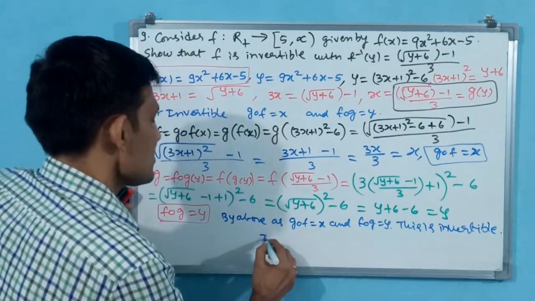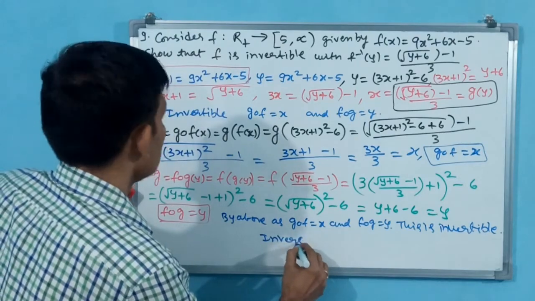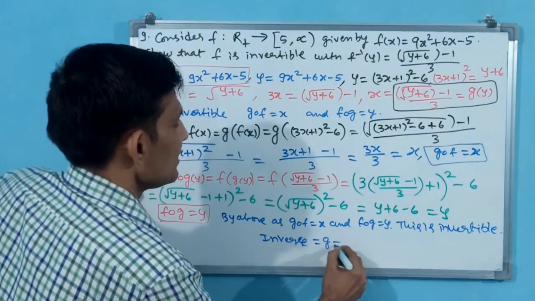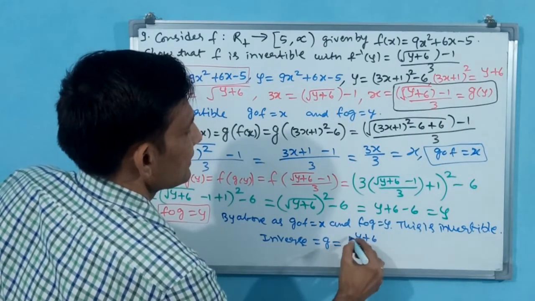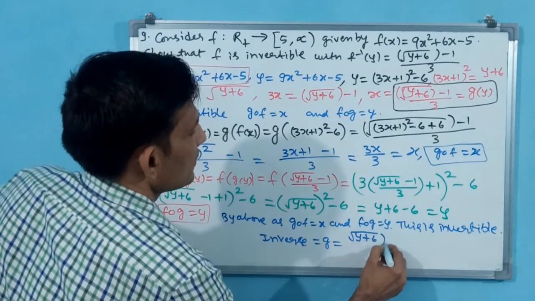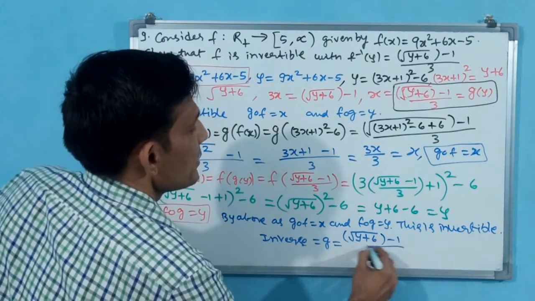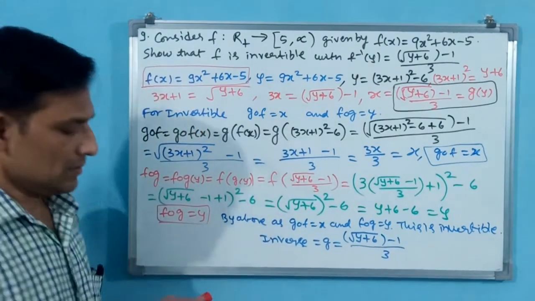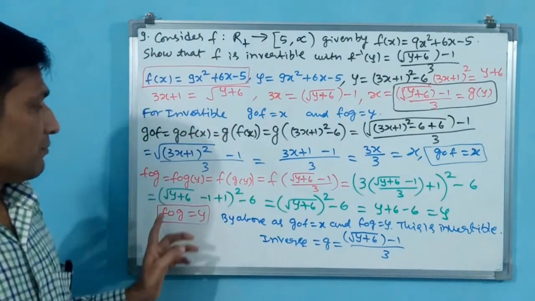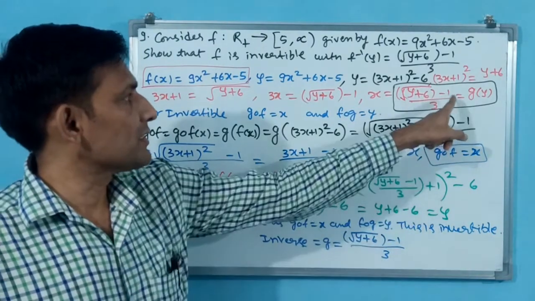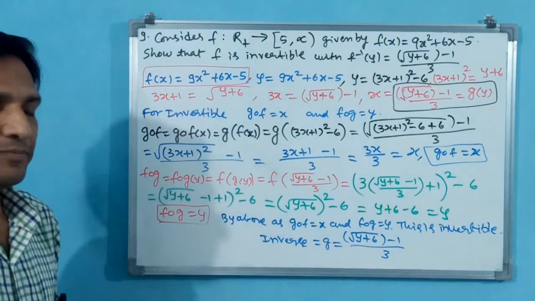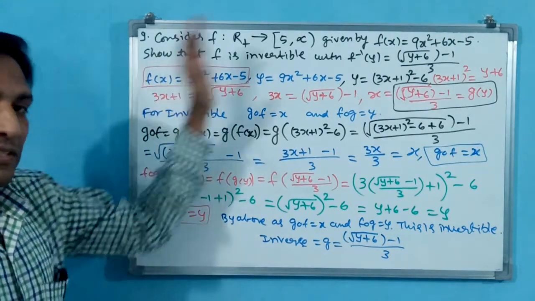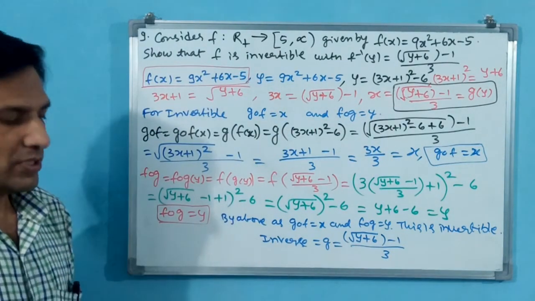Then you write inverse of f is equal to g. Directly you write this one: square root of y plus 6, minus 1, divided by 3. Okay. When both come, it means g is the inverse. G means g of y, f means f of x. This is the answer for your 9th question.